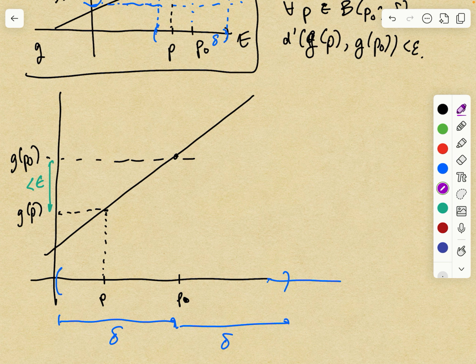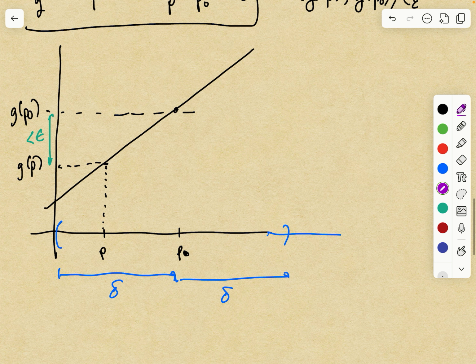Now I have this function f, and I know that since g approximates f, g of p naught is within epsilon of f of p naught, and g of p is within epsilon of f of p. So if you have this picture, what's the farthest that f of p and f of p naught could be? So if your g of p is here, right? You have this p comma g of p here. Your f of p must be within epsilon of g of p.